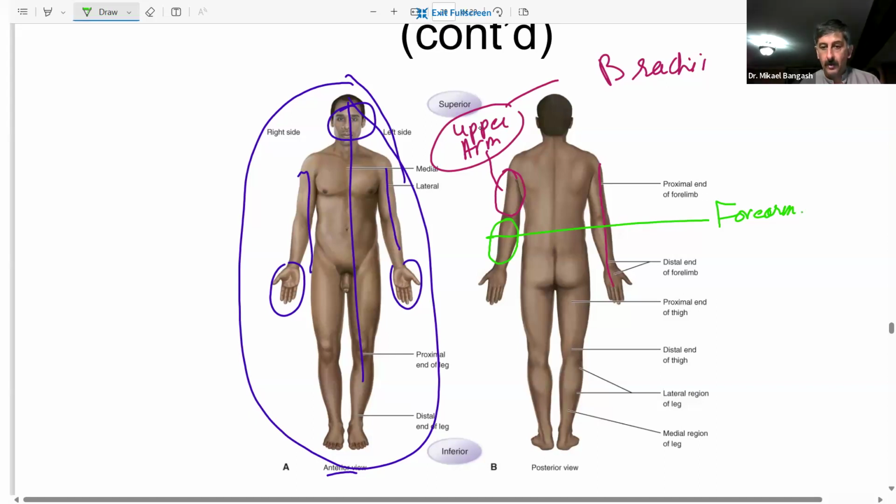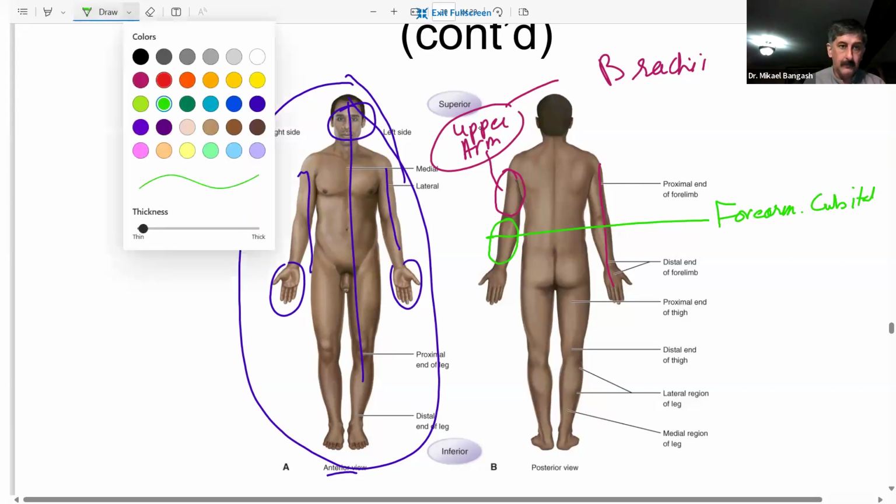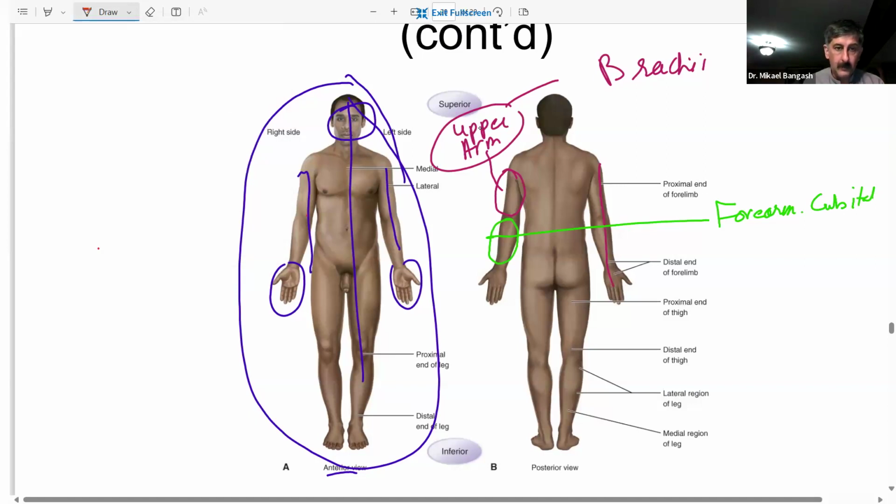Now, which we also call cubital. And that's why between forearm and upper arm, you may see this region here, which is going to be antecubital. Or even here.